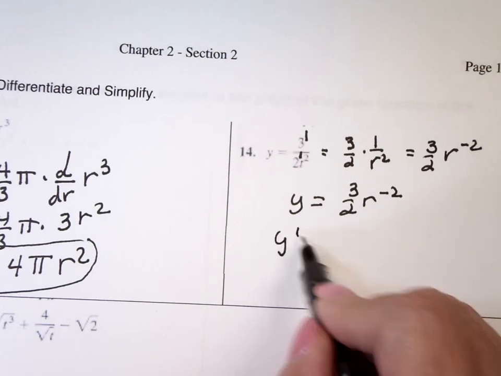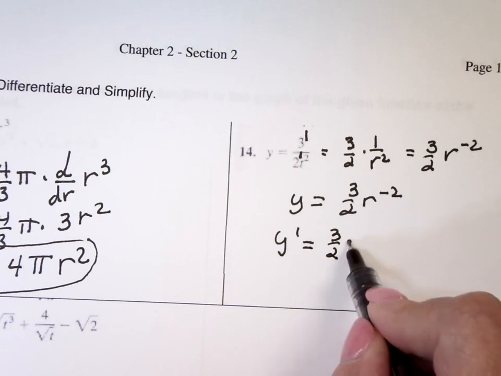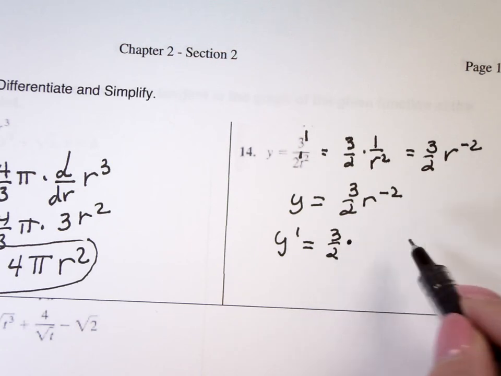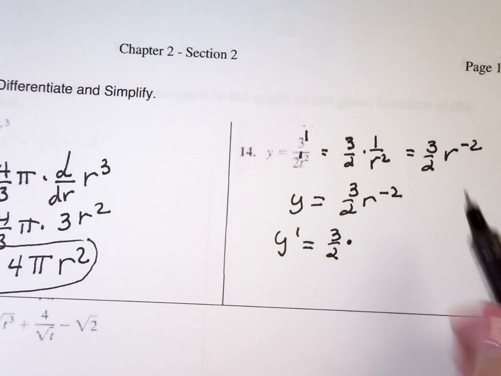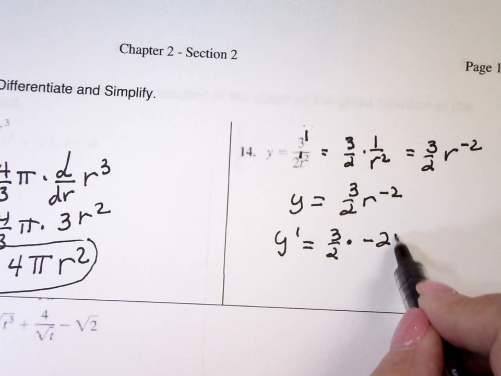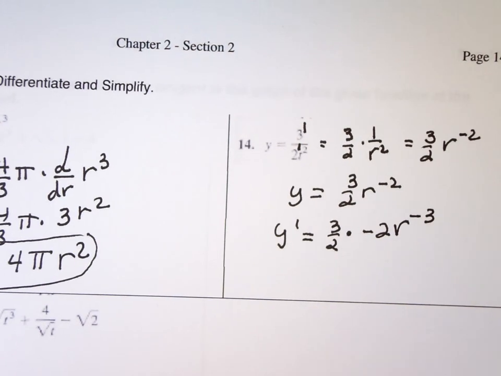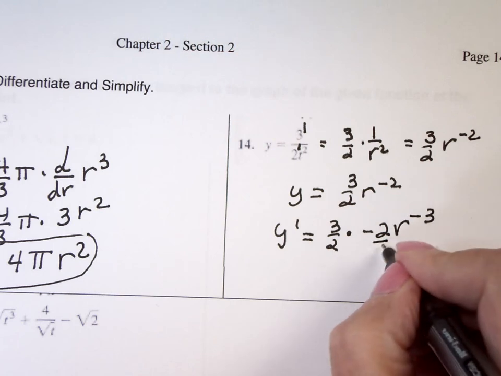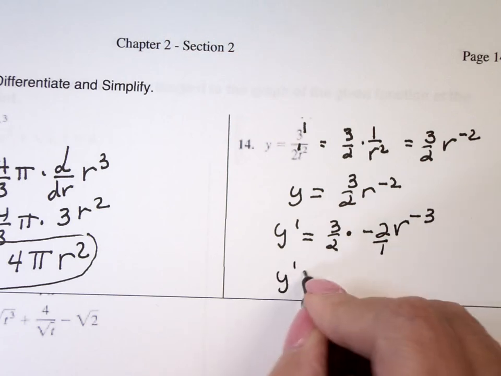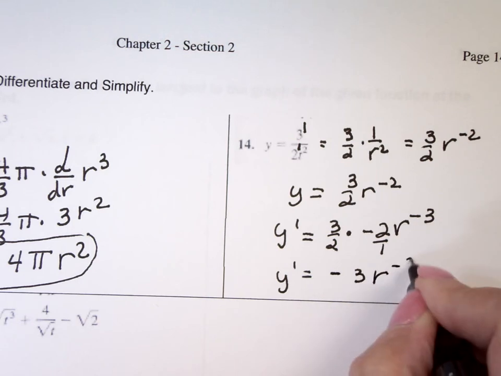So that y prime is 3/2 times, what's the derivative of r to the negative 2? Negative 2 r to the negative 3, yep. Now, negative 2 over 1 times 3 over 2 is going to be just negative 3 r to the negative 3.